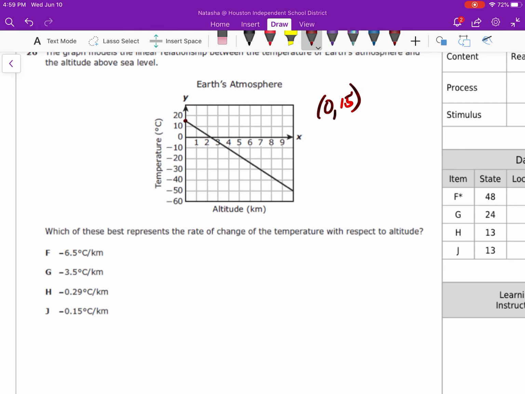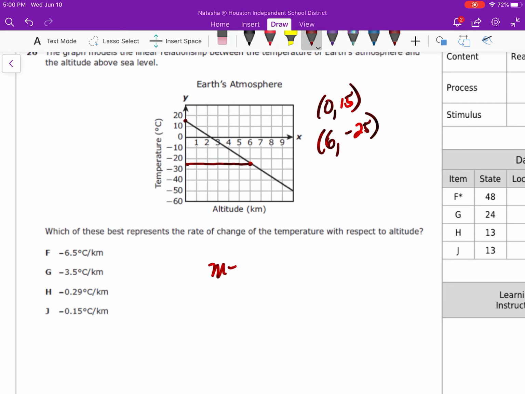I'm going to pick another point. I'm going to pick that point there, which is going to be 6, and then negative 20, negative 25. You kind of have to eyeball that one. I'm going to use the formula for this.